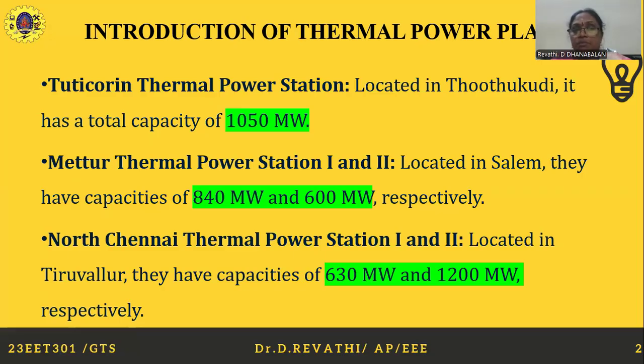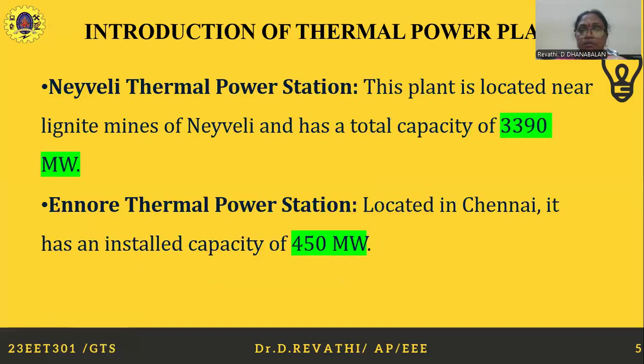From the Mettur thermal station, station 1 is 840 megawatt and station 2 is 600 megawatt. For North Chennai Thermal Power Station, station 1 is 630 megawatt and station 2 is 120 megawatt. I think North Chennai Thermal Power Stations are located in Thiruvallur, right?